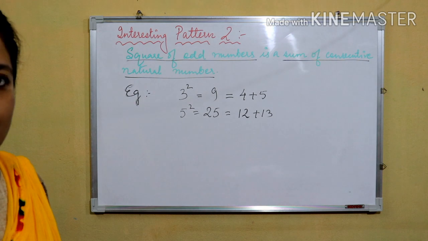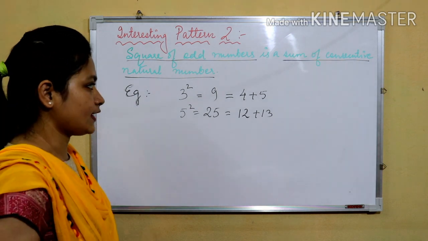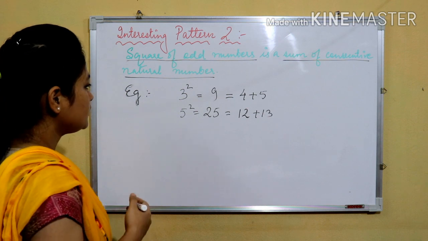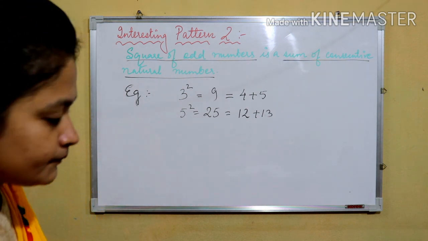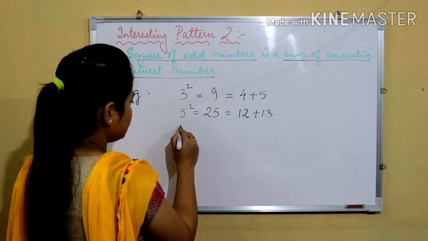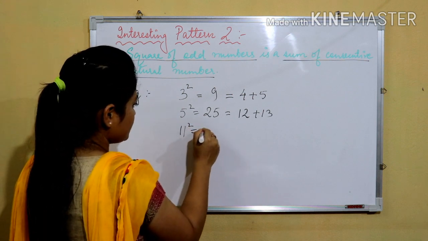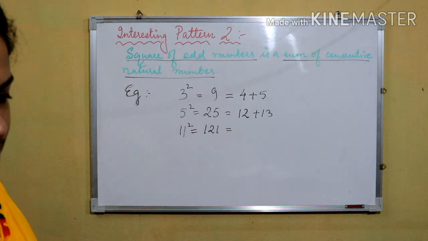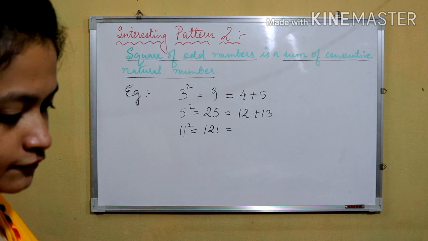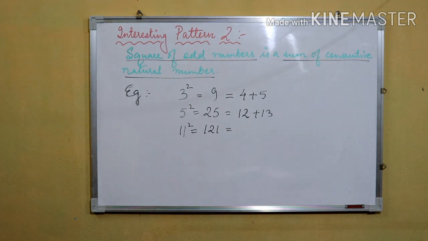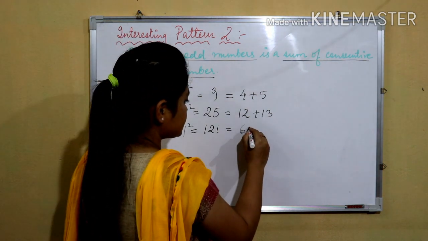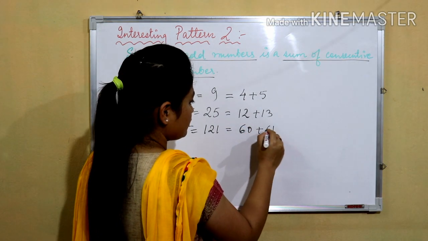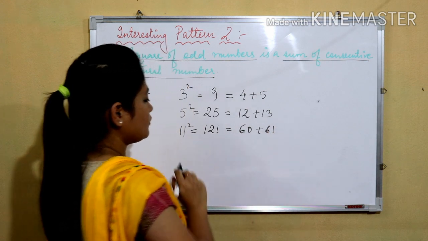So how am I getting these numbers 12, 13, 4 and 5? There should be some pattern. Let us see. Let me take one more number, 11 square, which is 121. How can I write this number as the sum of consecutive natural numbers? I can write 60 plus 61, which will give you 121.